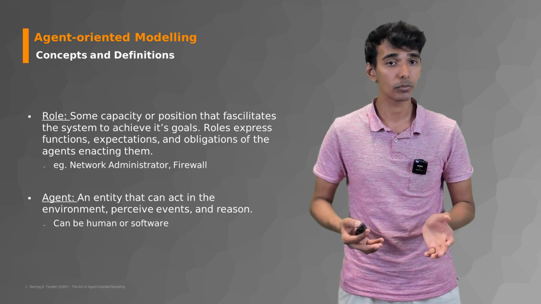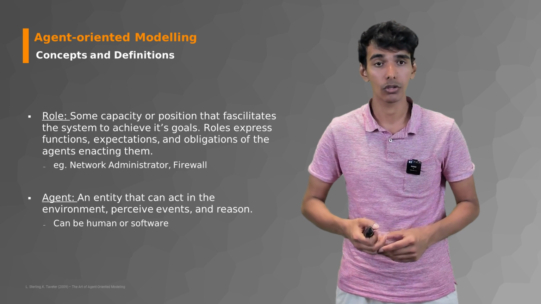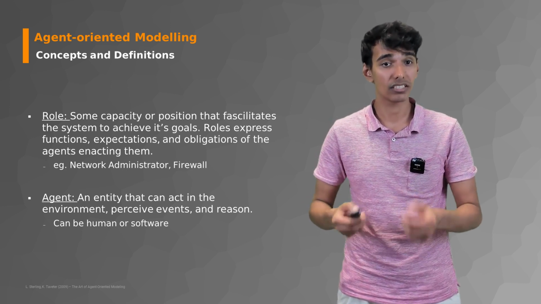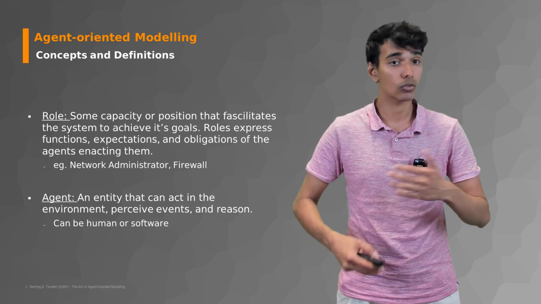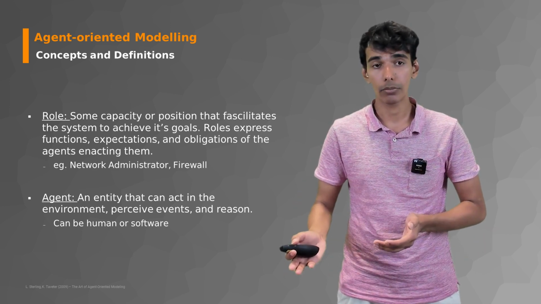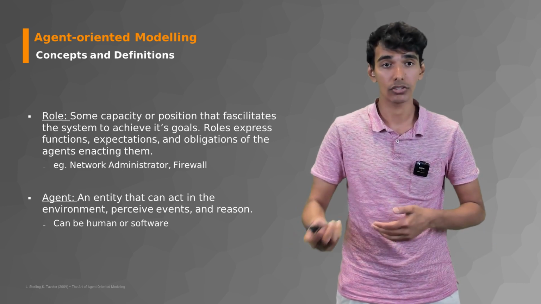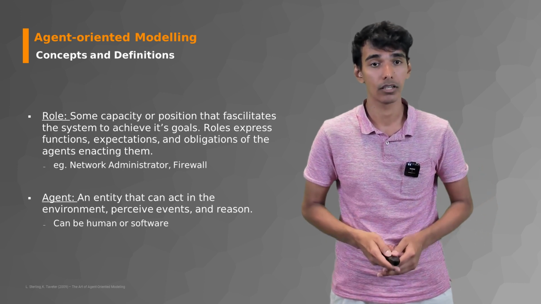Basically, a role could be something like a network administrator or a firewall, so it doesn't specifically say which agent it is. Different agents can have different roles at different times, and roles can be satisfied by different agents. So there isn't always a one-to-one mapping between roles and agents.